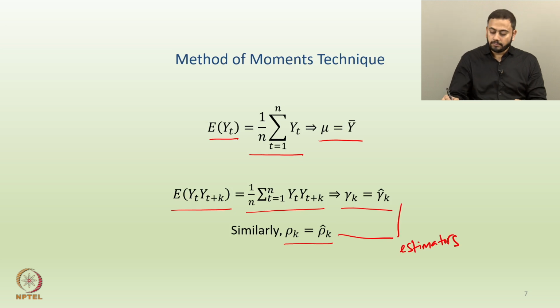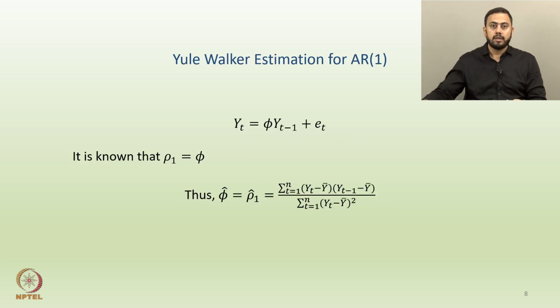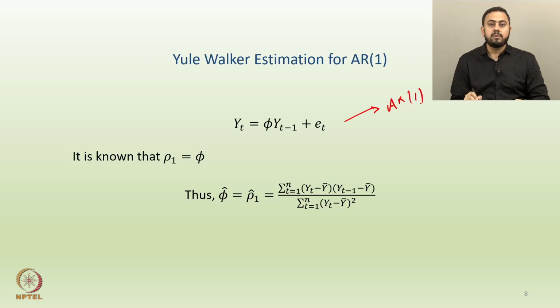In this sense we can create that many equations, keep on solving them, and solve for the underlying parameters. We will take up one particular example, the AR model of order 1. This is my AR1 model structure: yt equals phi yt minus 1 plus et.